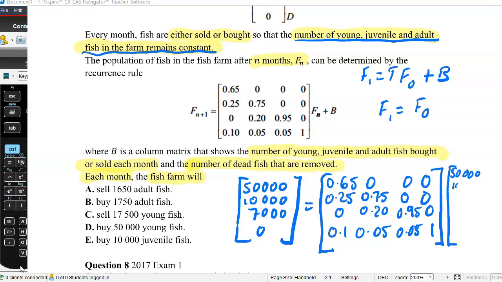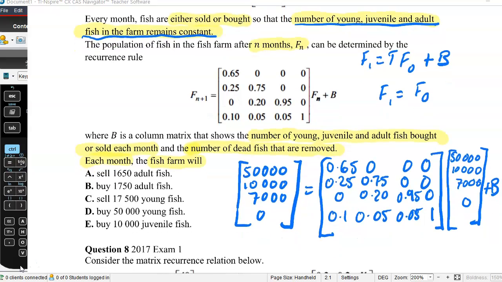Now, we can do all of this on our CAS, and we'll be doing it on our CAS, but I thought I'd write it up so you can see what's happening as well, plus B. That is what we are figuring out. We need, in the end, to figure out B. So let's use our CAS calculator to do this.